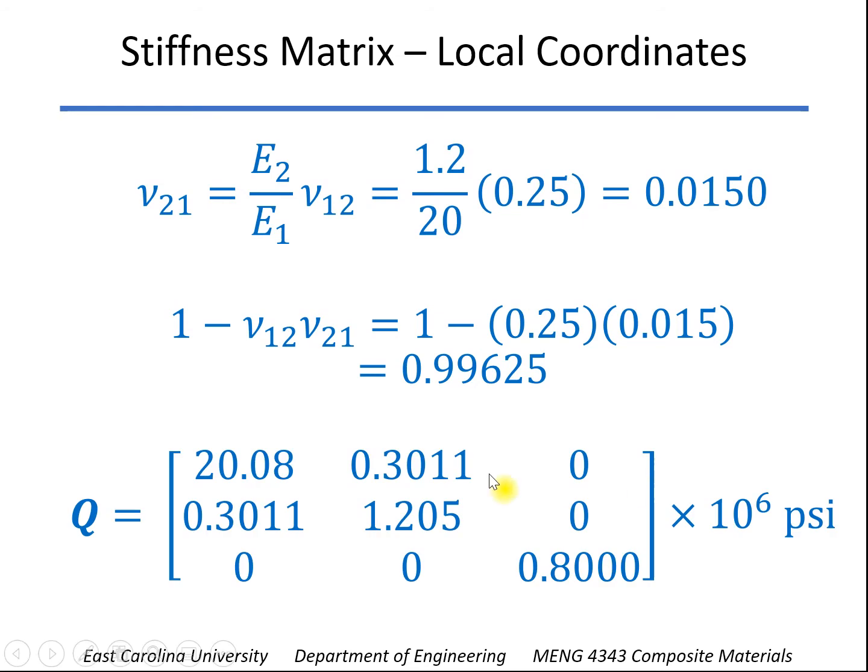So, for example, Q11 here is E1 divided by this quantity, so it's just slightly more than the E1 value of 20 million psi. This one's just slightly more than the E2 value of 1.2 million psi.